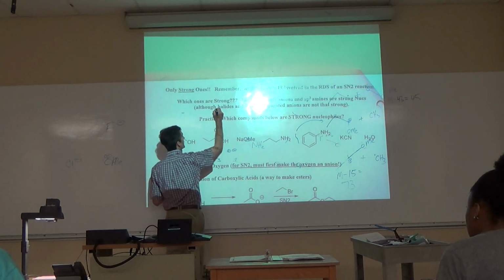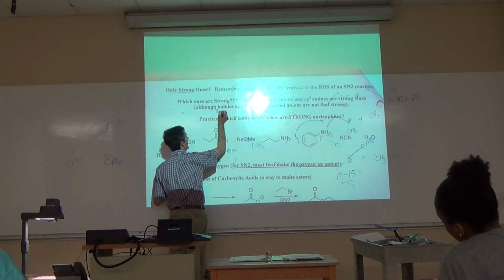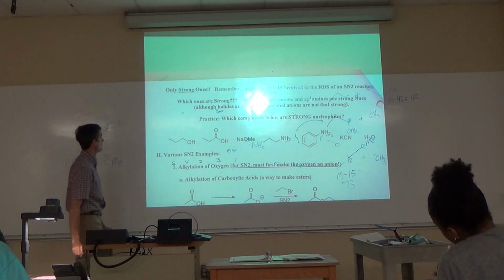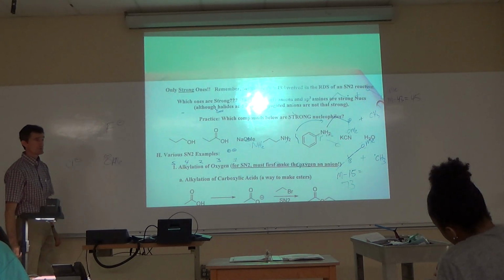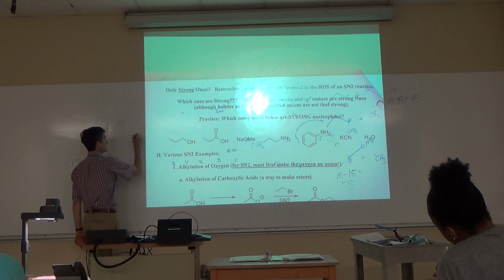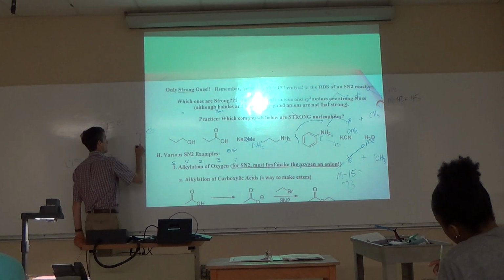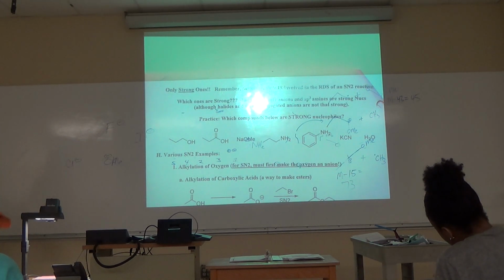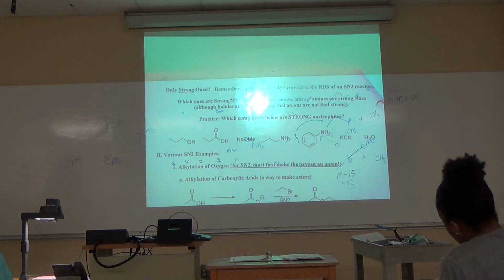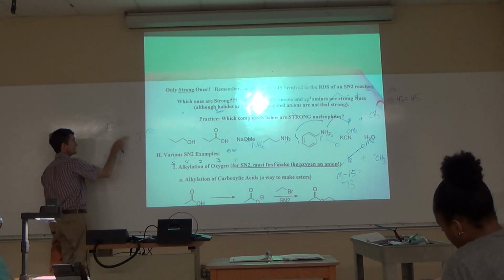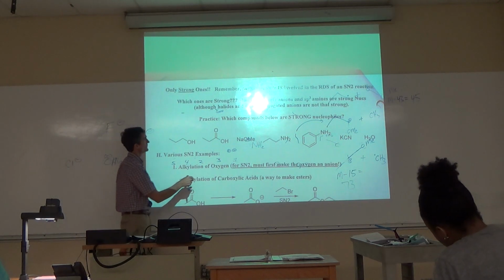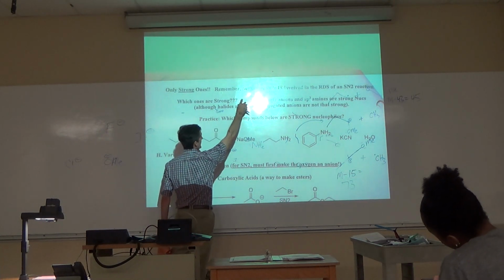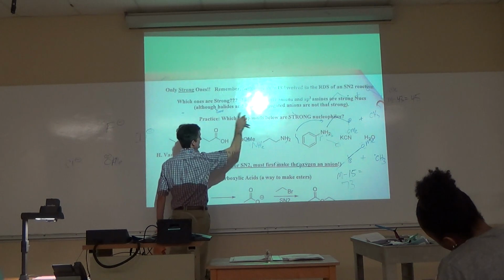I should put here some, because that's not a strong nucleophile. But what do we know about I minus? I minus is actually a decent nucleophile because it's so big and the iodine is not as electronegative. Okay? So big difference in nucleophilic strength here that was shown before. So we got a general statement, but you got to be careful.